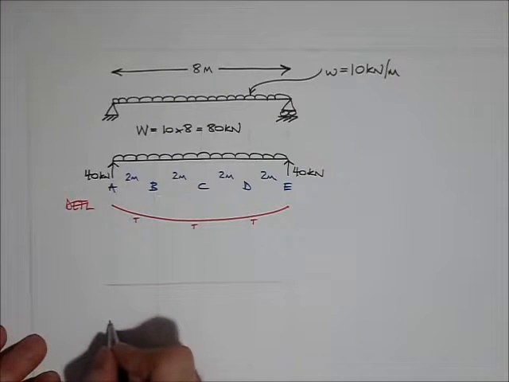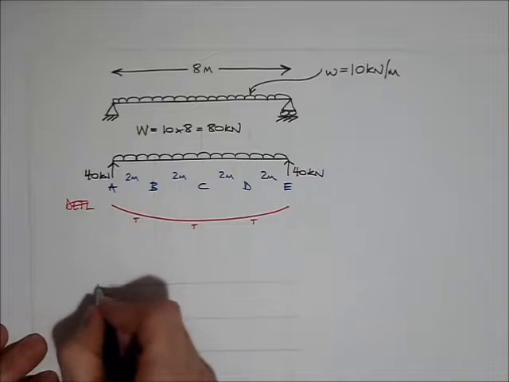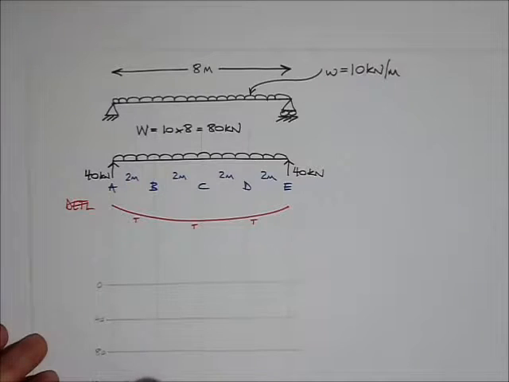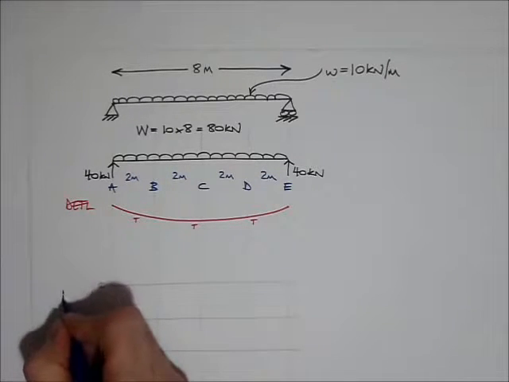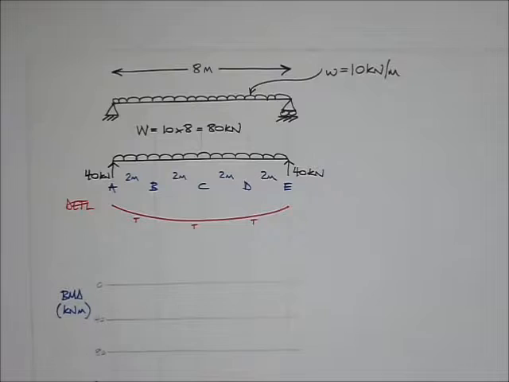So if that's 40, I'll make that 80, make that 120. So just roughly 0, 40, 80, 120. I'm putting on a bit of a scale on the side for my bending moment diagram, which is going to be in kilonewton meters. Great.